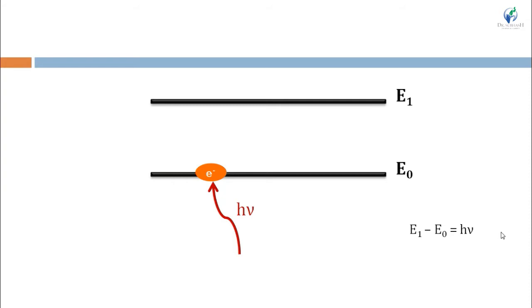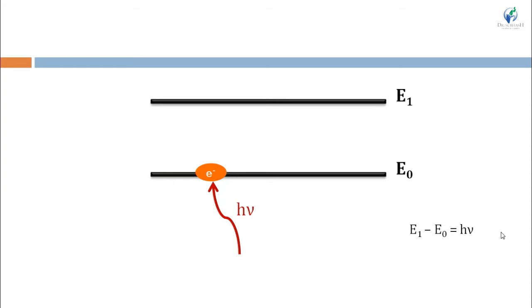But here the original place of this electron is E0, right? So this E0 orbital is the ground state for this electron. And when it gains energy equal to h into mu, it goes to the E1 orbital from the E0 orbital.